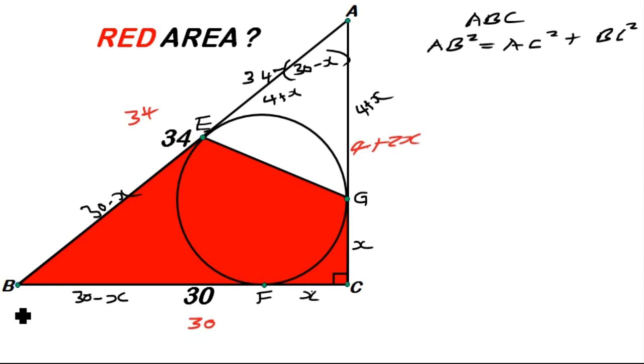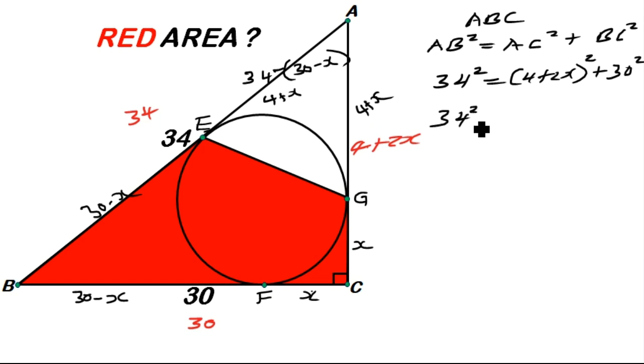Substituting, from A to B we have 34, so 34 squared is equal to, from A to C is 4 plus 2X, so 4 plus 2X squared, then plus from B to C, which we were given to be 30, so plus 30 squared. If you collect the like terms, 30 squared coming this side, we will have 34 squared minus 30 squared is equal to 4 plus 2X all squared.